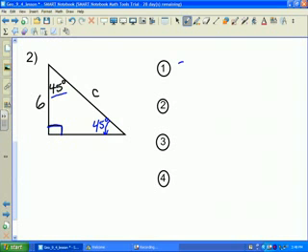Okay, first thing up. What do we need? We need C. C is your hypotenuse. It is opposite of your right angle, hence hypotenuse. We know a hypotenuse is equal to x, whatever x might be, times the square root 2.